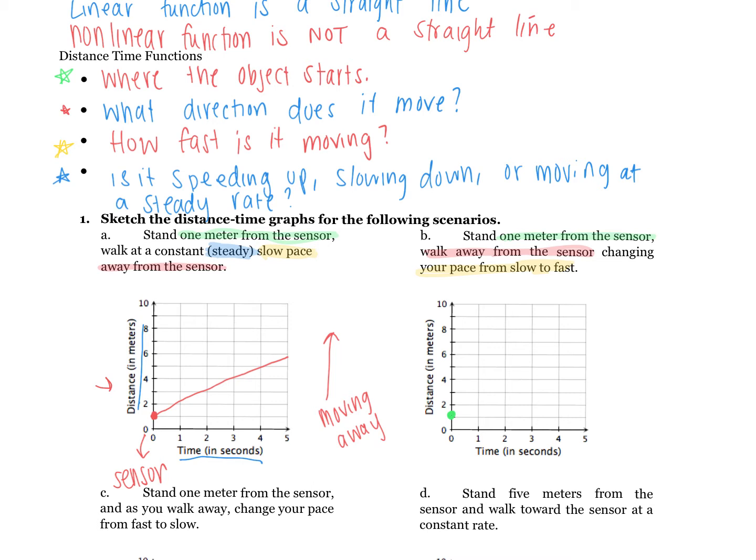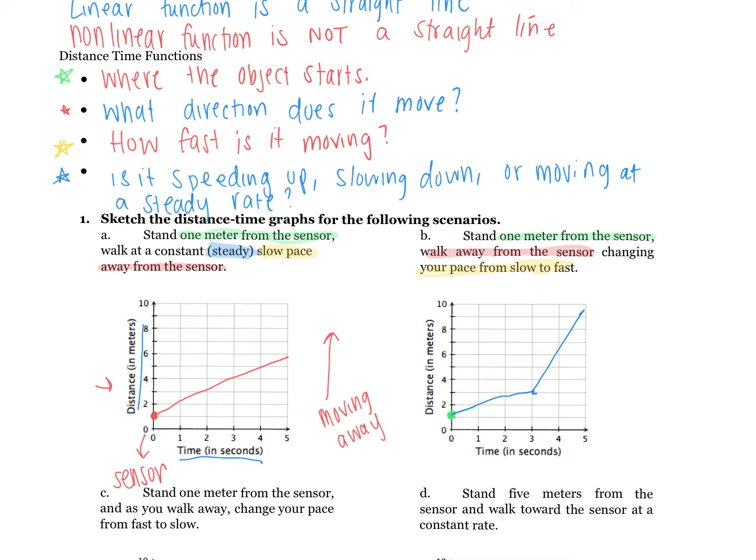So if we are moving slow to fast, I'm going to show you what this looks like. So if we are moving slow, remember, over time, we're not really getting very far. So if I were to draw this line, over time, I'm starting off slow, right? So I'm not getting very far. But then I start to maybe jog or sprint. So my speed, as time goes on, my distance would increase much quicker.